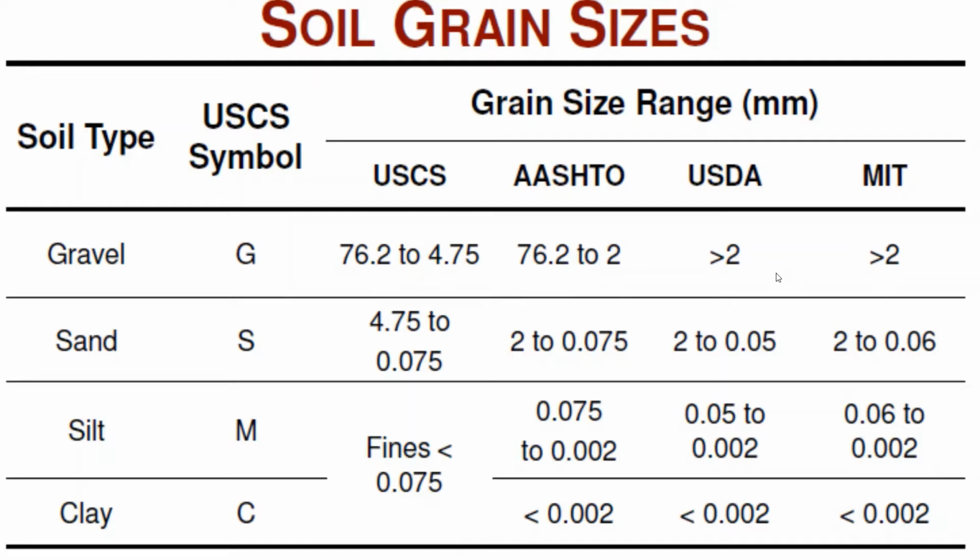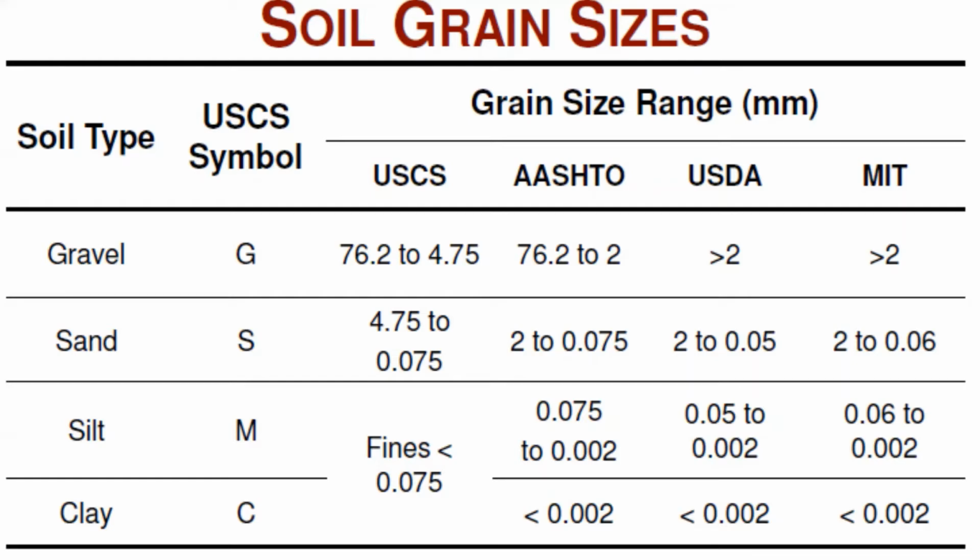Okay. Now you have seen the sieve sizes, and now I am going to discuss the soil grain sizes. You can see the soil types: gravel, sand, silt, and clay. I have already told you that there are different sorts of soil classification, but we are using the Unified Soil Classification System, and the second one is AASHTO.